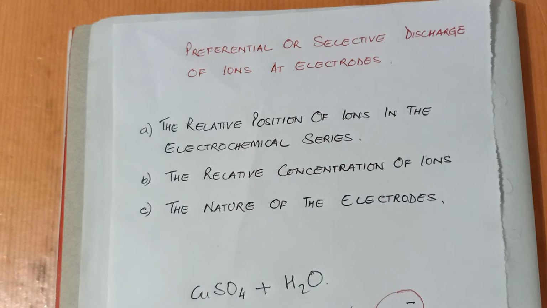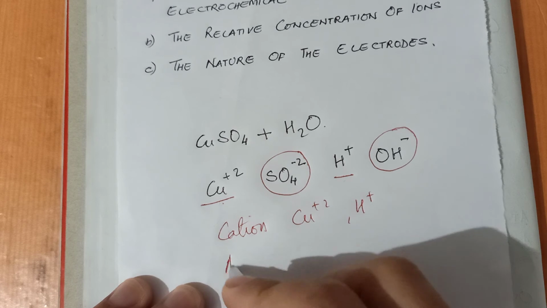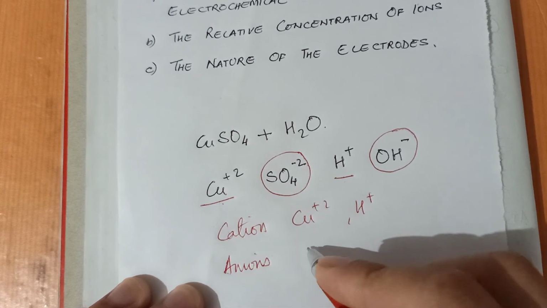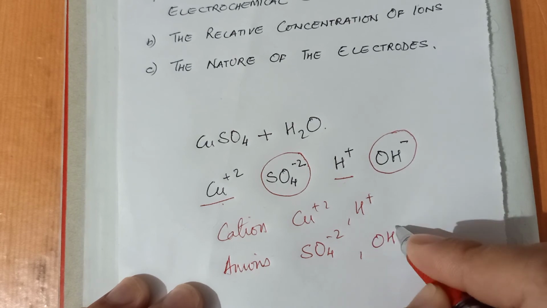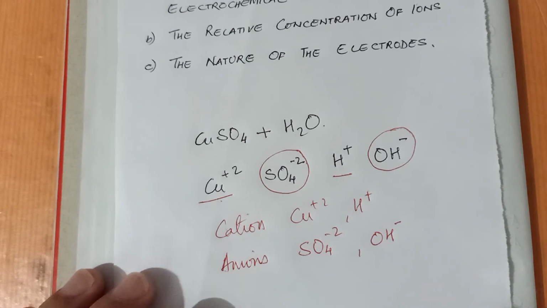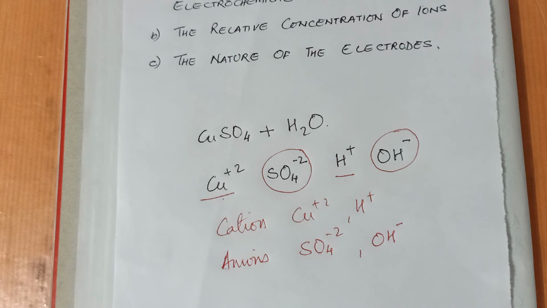In the same way for anions, we have sulfate ion and hydroxide ion. Anions move towards the anode. Two ions cannot move towards the anode at the same time.